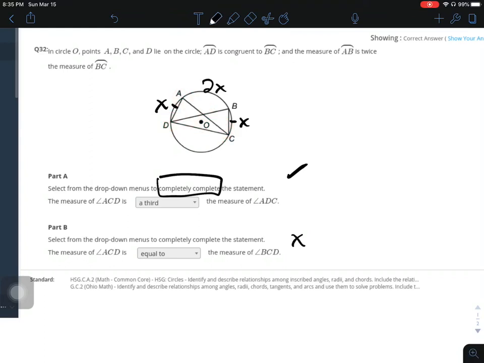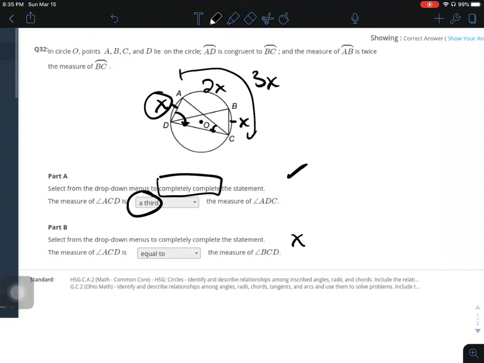So we're talking about, once again, ACD, that's this fella, compared to ADC, which is this fella. Well, ADC has an intercepted arc of 3x, and ACD is just x. How does x compare to 3x? It's a third.